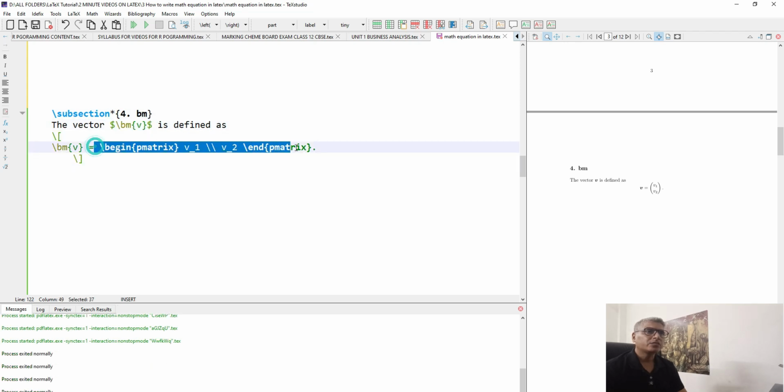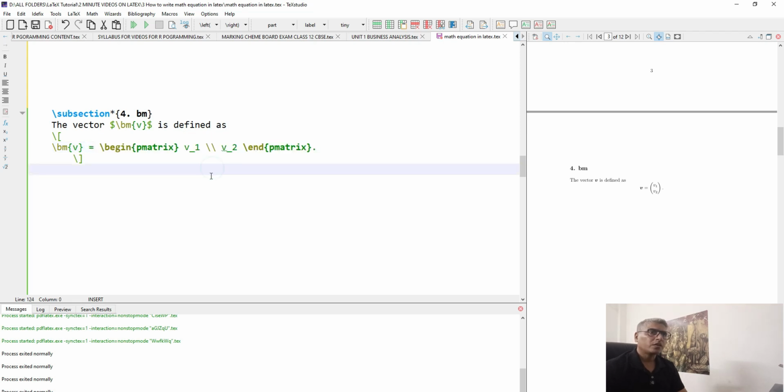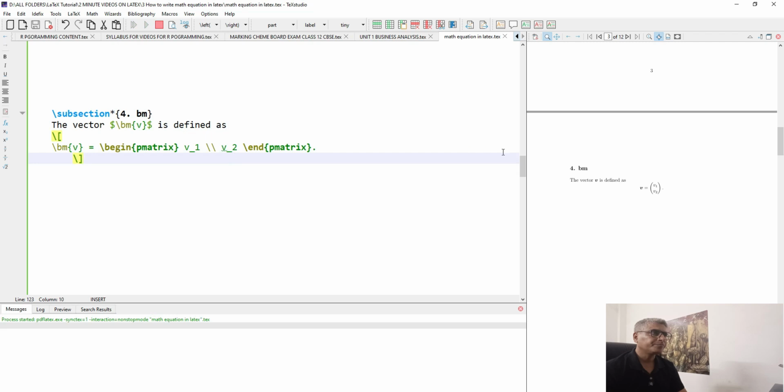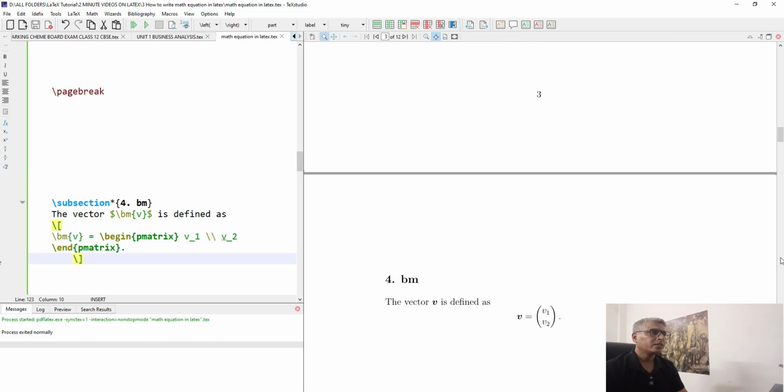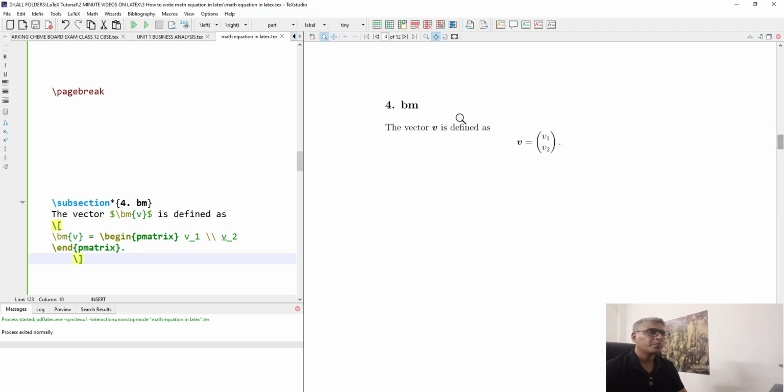This is a matrix form, and we are going to learn later how we have written this. If we see the output here, we can see that it has bolded this particular v, which is representing the vector itself. Also here it has bolded this particular v, and this is our output of a matrix.